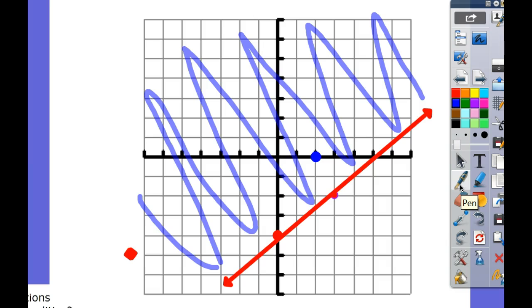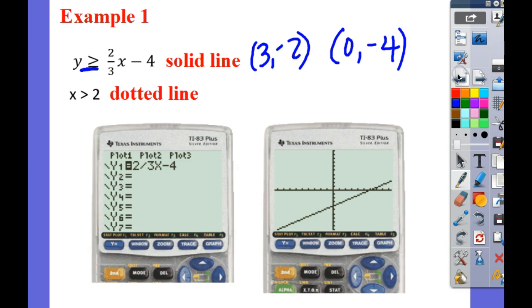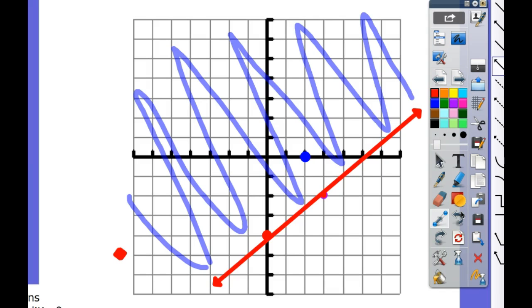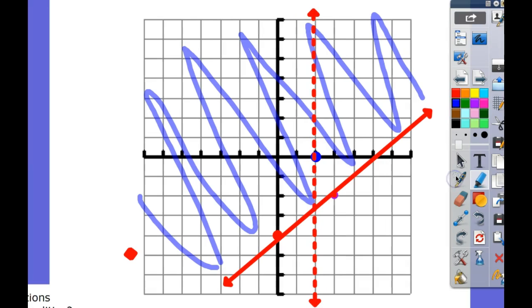And so, was it a dotted line or a solid line? I need a dotted line, and the dotted line is going to go through +2, and it said greater than. On the x-axis, this end over here is greater than, and so this is the part that I'm going to shade in.